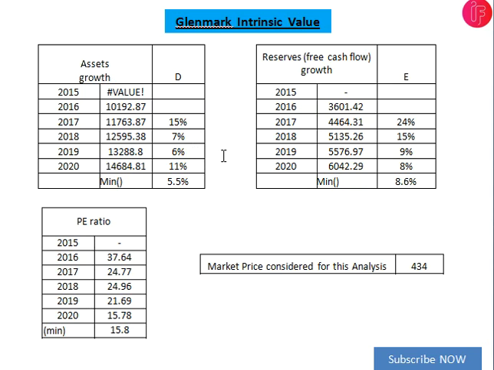However, there is a minimum growth from 2018 to 2019, which is 6%, I have taken in our calculation. Reserves, when we compare, there is no negative growth here. However, for 2020, the reserves reduced down by 8%, so I have considered that in our calculation.